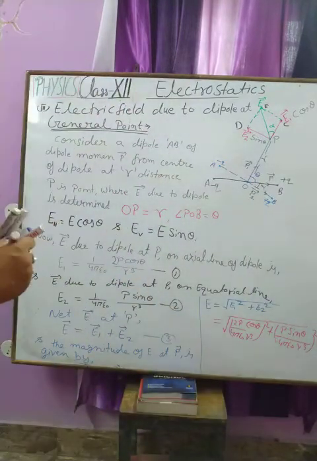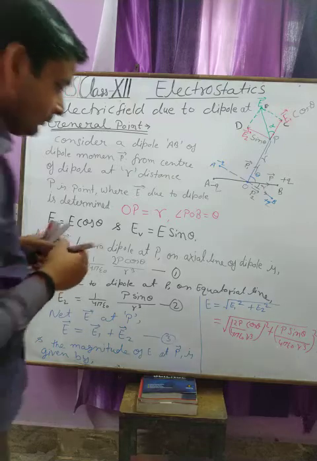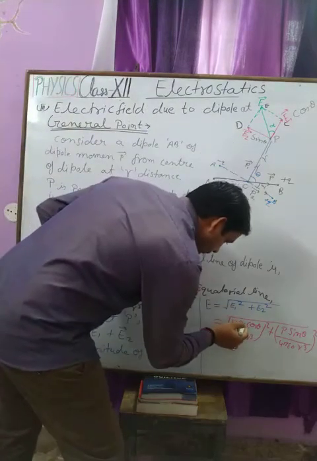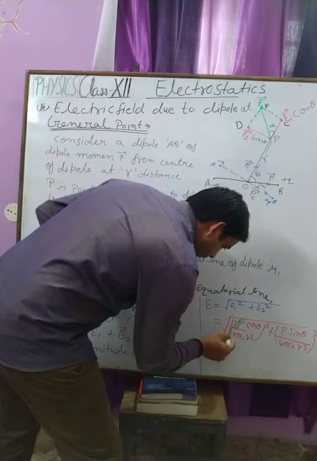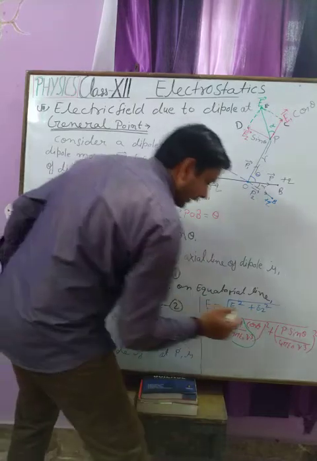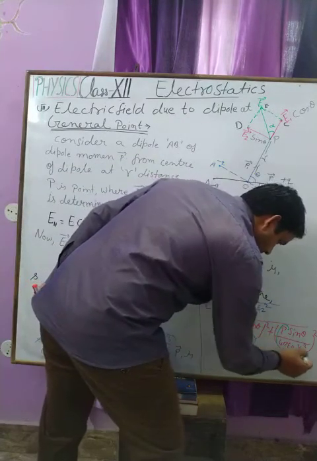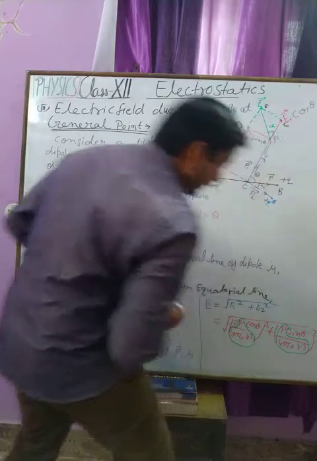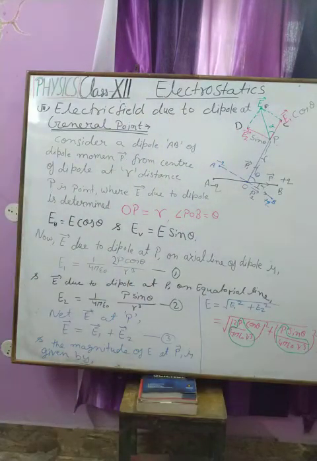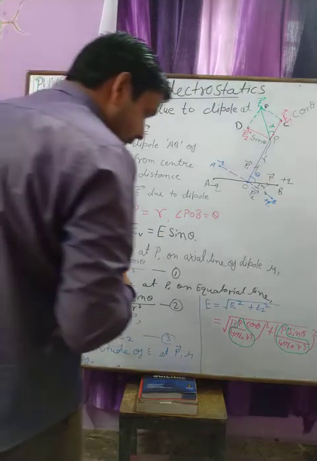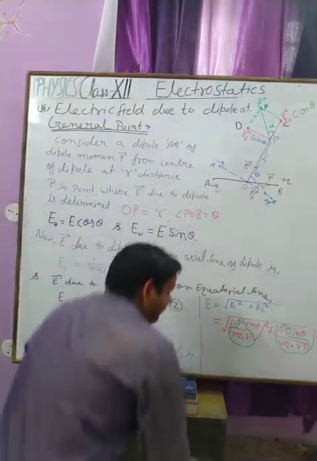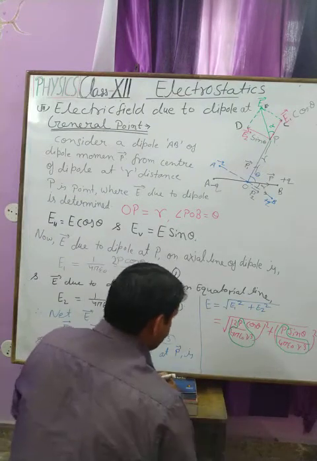So student, here the value which I am marking with the red ink marker is common, and this common thing has a square, so it will be taken out of the square root.